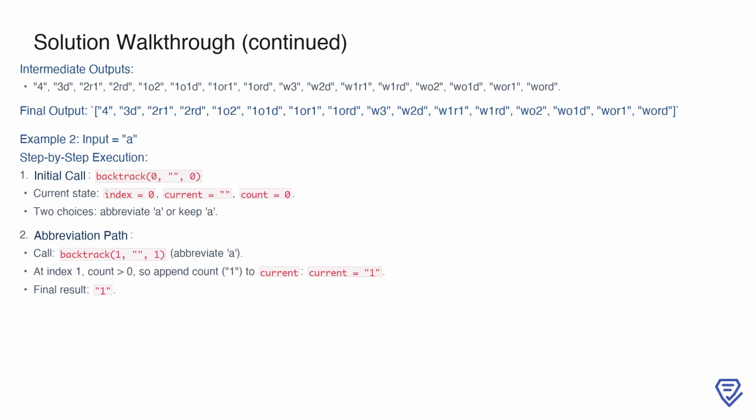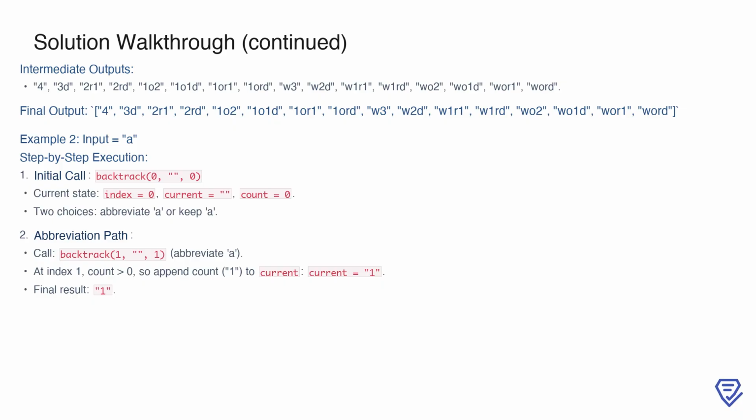By continuing this process for every possible path, we end up with the complete set of outputs: 4, 3D, 2R1, 2RD, 1O2, 1O1D, 1OR1, 1ORD, W3, W2D, W1R1, W1RD, WO2, WO1D, WOR1, WORD. This set includes all valid abbreviations of the word.